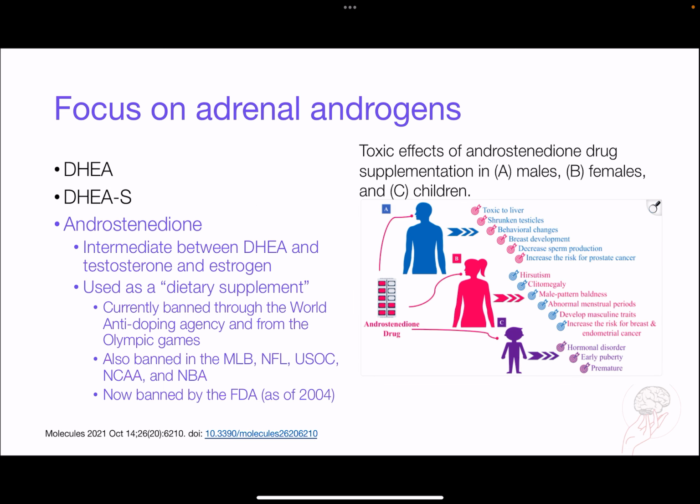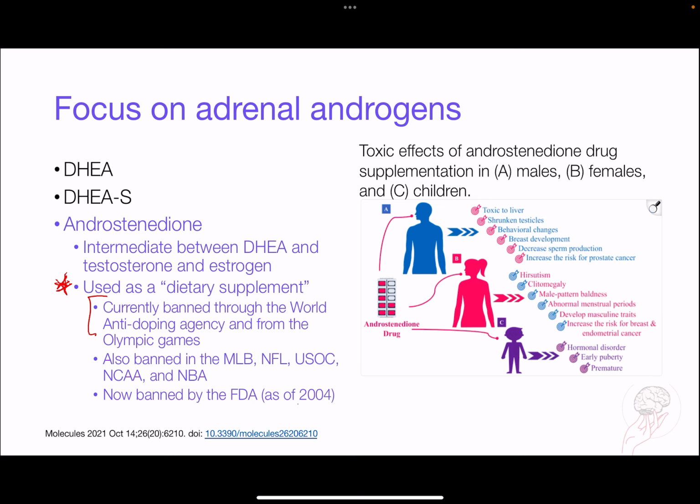And androstenedione is an intermediate between DHEA and testosterone and estrogen, and you may actually have seen this sold as a dietary supplement, although it's currently banned through the World Anti-Doping Agency and from the Olympic Games. It's also banned in the MLB, NFL, USOC, NCAA, and NBA.